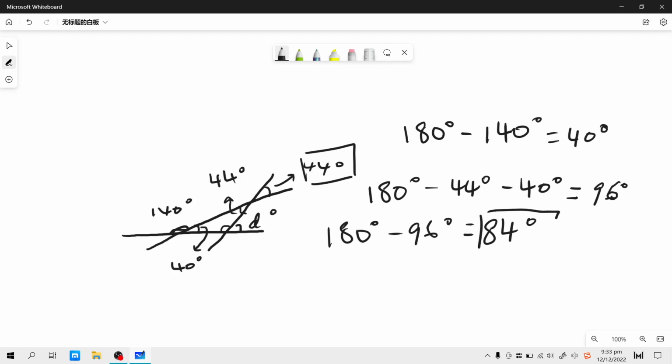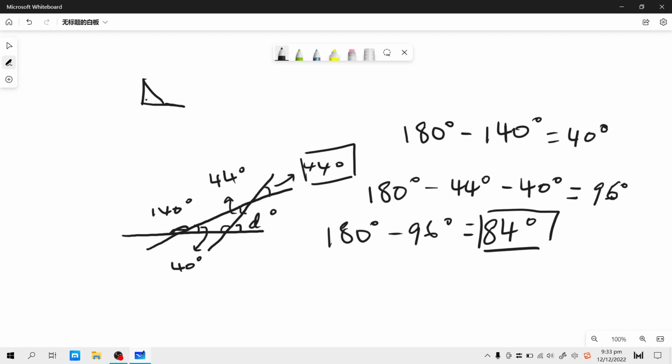And that's our answer. Well, there's a trick in doing this question. What trick, you may ask? Well, the trick is the sum of these two angles is actually this angle. Yes, you have not heard wrongly. For example, I draw a triangle here with an extended line.